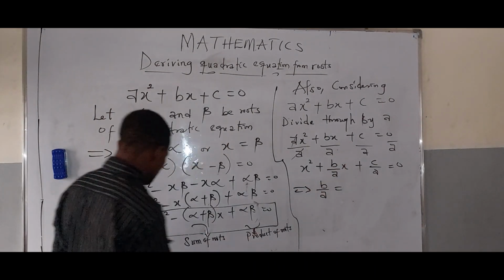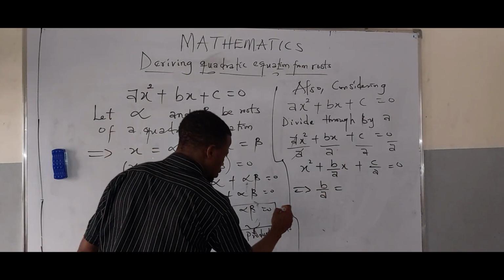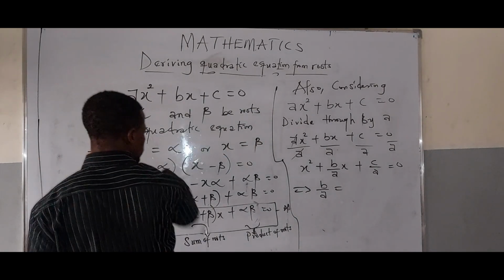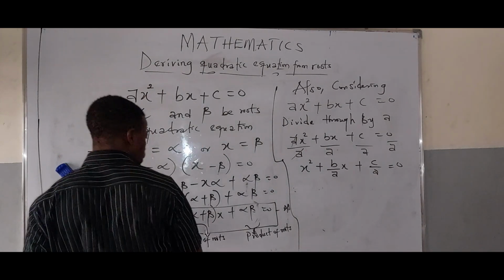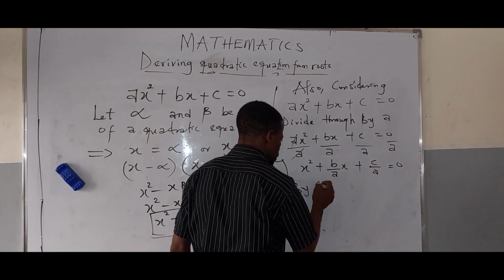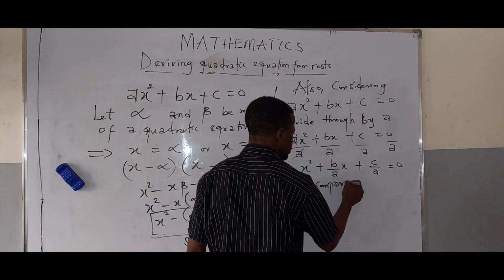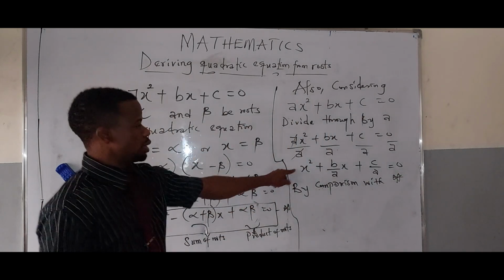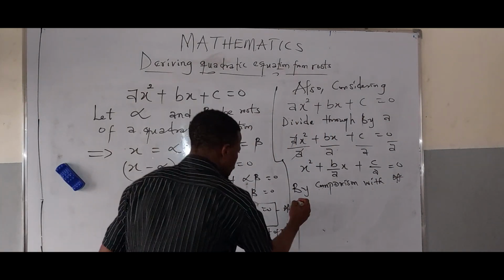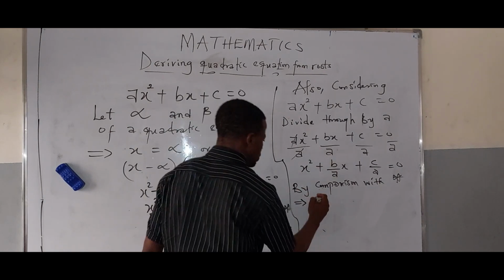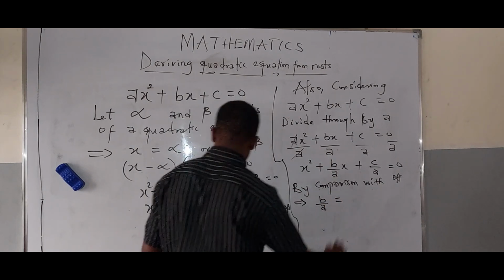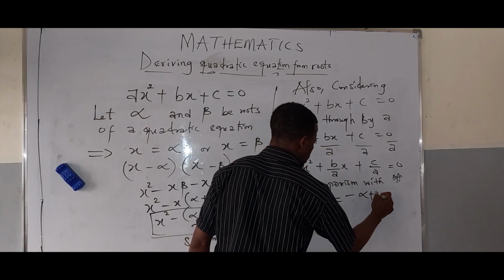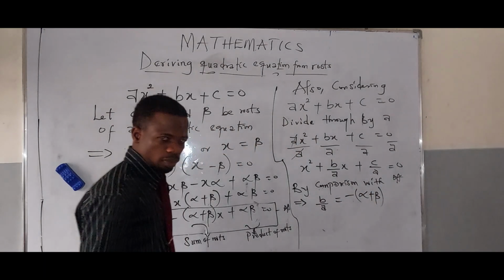So this is x. Let me call this star. By comparison with star, if we compare this with this, it implies that my b over a is equal to minus alpha plus beta, right?